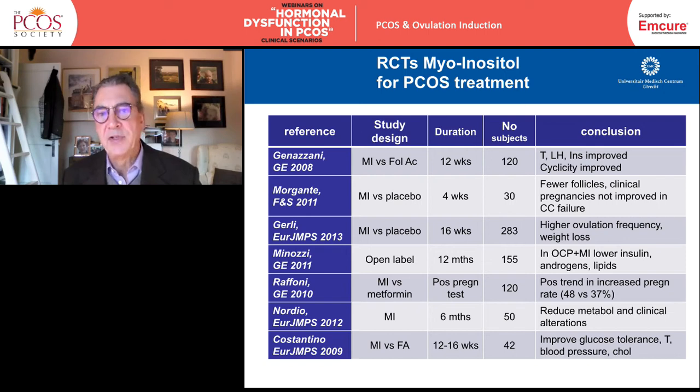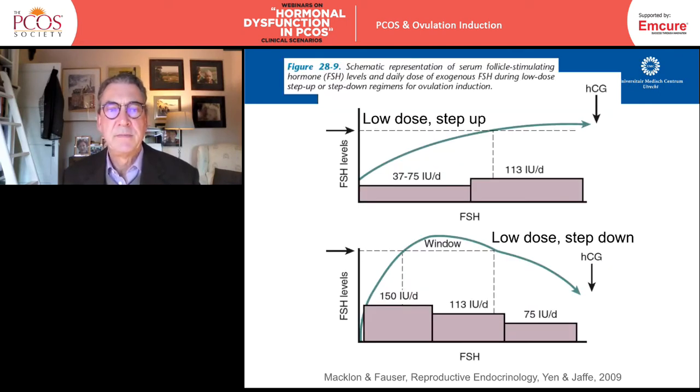The studies are there, but they are very small. So a really well-powered RCT to show that myo-inositol is better than other first-line treatments is not available yet. So again, we don't know yet, and we have to be careful with firm conclusions.